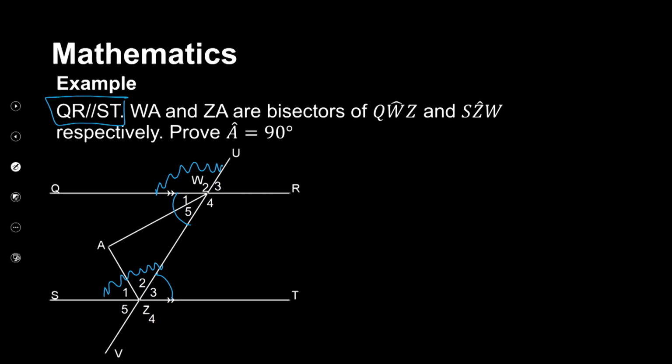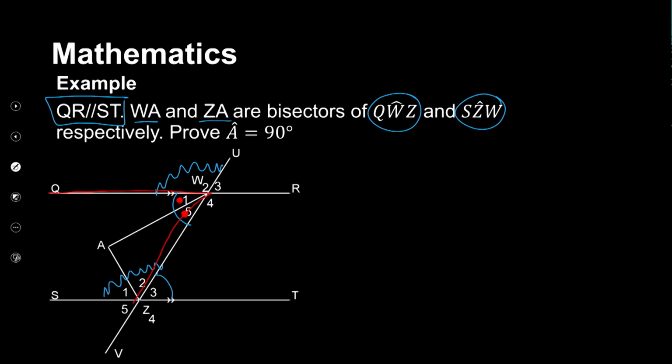I also know that I'm told WA and ZA are bisectors of QWZ and SZW. So let's start with the first one. Let me just use a different color. QWZ makes this angle equal to that angle there.